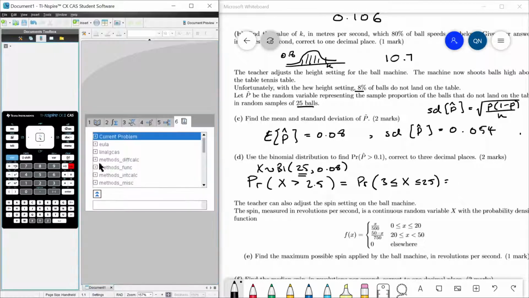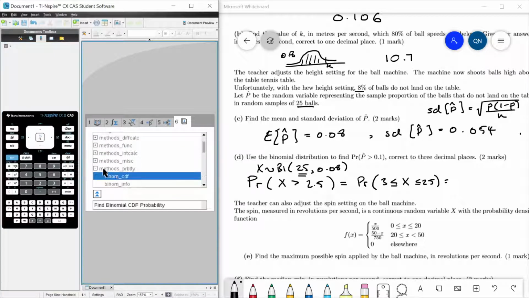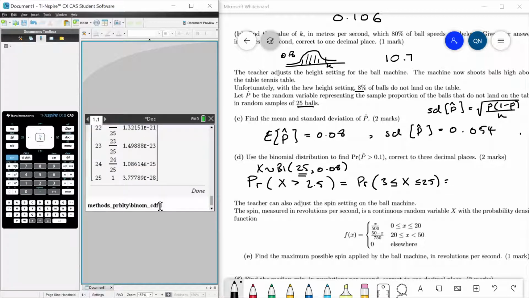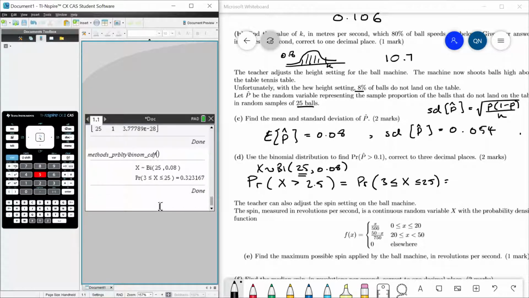I'm going to go to book button, probability, binom CDF, and number of trials is 25, and probability of success is 0.08. Lower bound is 3, upper bound is 25, and it's 0.323. Cool.